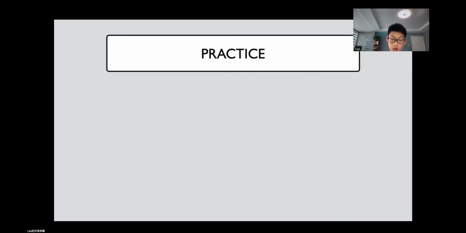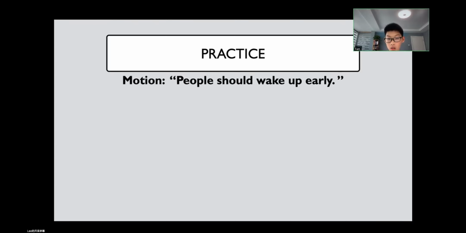So let's do a bit of practice. The motion for the argument is people should wake up early. And the opponent's argument is that early risers are more productive and successful.